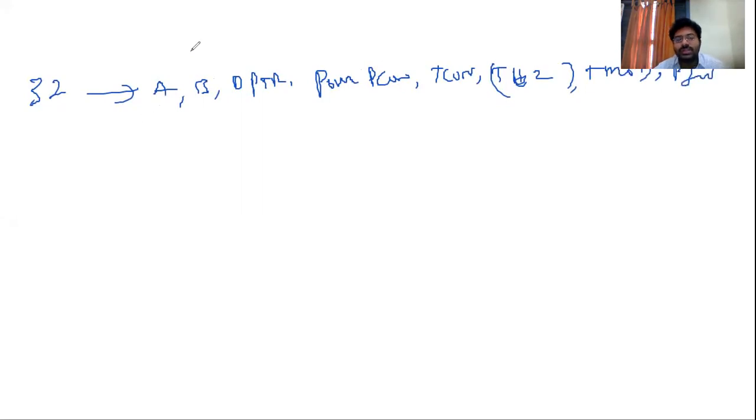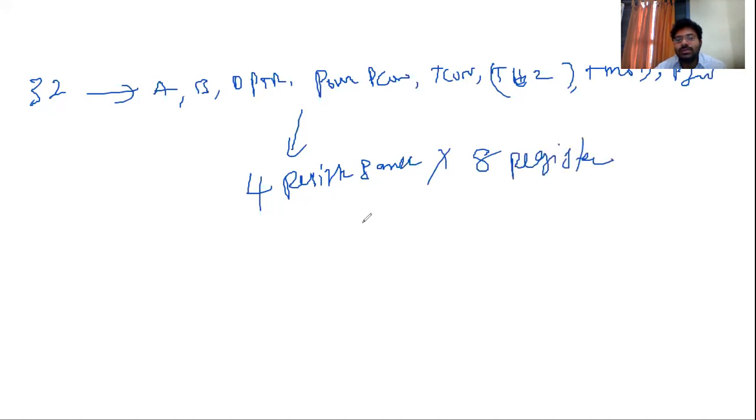These 32 registers are grouped into 4 register banks, each of 8 registers. So 4 into 8 is 32 registers.